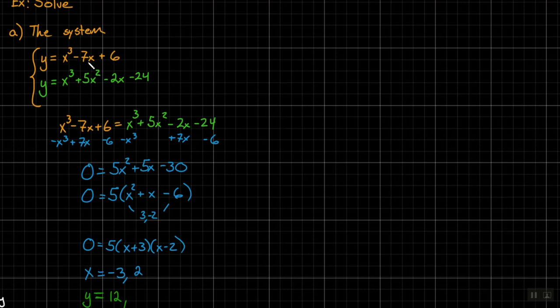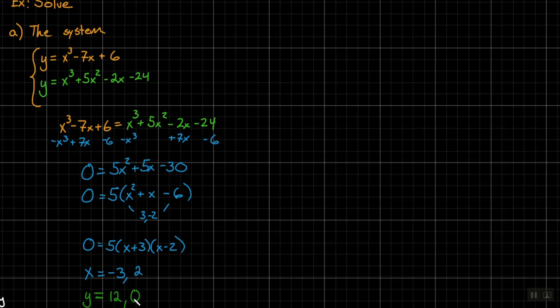Minus 14? Are you sure? Negative 6. Negative 6 plus 6 is 0. I think these are my ordered pairs: negative 3, 12, and 2, 0. Now, in a problem like this, you think it might be worthwhile to actually check it on a graph?